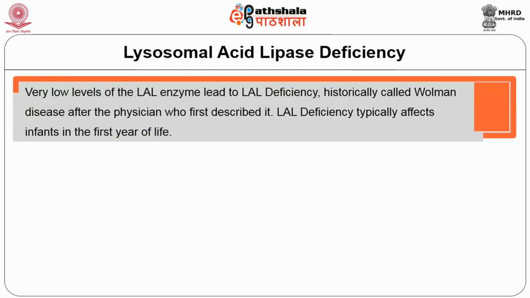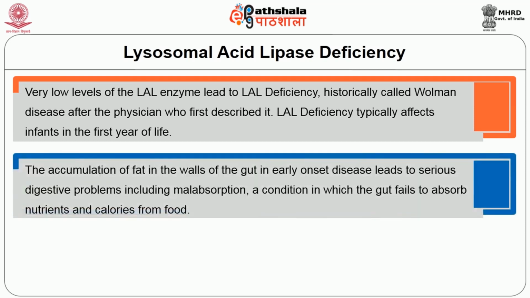Very low levels of the LAL enzyme lead to LAL deficiency. Historically, it's called Ullmann disease after the physician who first described it. LAL deficiency typically affects infants in the first years of life. The accumulation of fat in the walls of the gut in early onset of disease leads to serious digestive problems, including malabsorption.